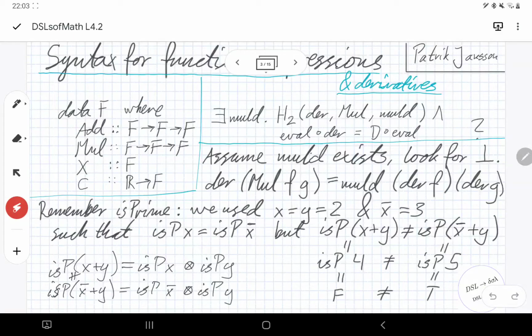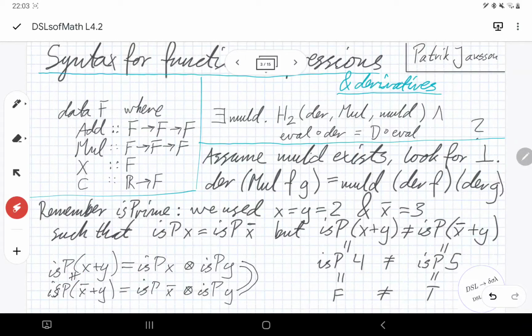And we know that these two expressions are the same. But we also know that the result, because we evaluated here on 4 and 5, is not the same. So we have this circle of equalities, which here says equal, equal, equal, and then not equal. So this is clearly a contradiction.